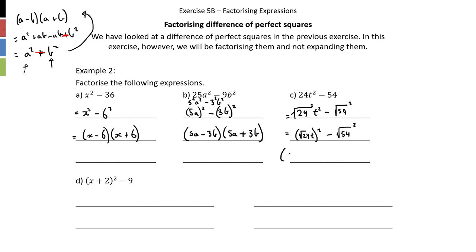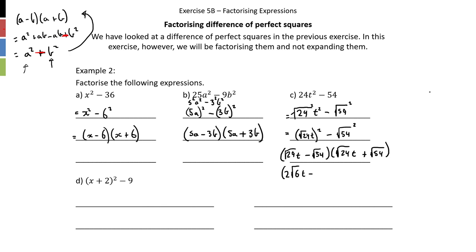So we can now go first term, subtract our second term, close bracket, first term, add last term. Now we can also simplify these surds if possible. So for this one, this would be 6 times 4, and 54, how can we do that?